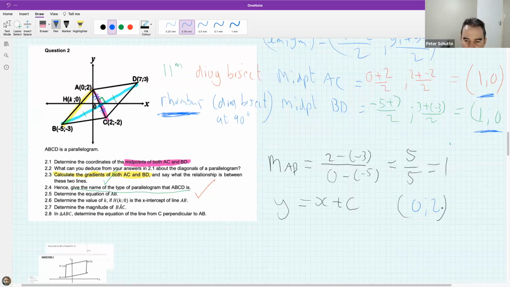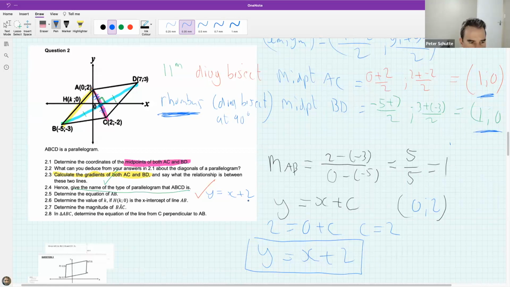Some of you will notice that has to be the y-intercept. You can literally see it, but even if you plug it in, c is 2, and then the equation of my line is going to be y equals x plus 2. Actually, before you go, let's just do 2.6.